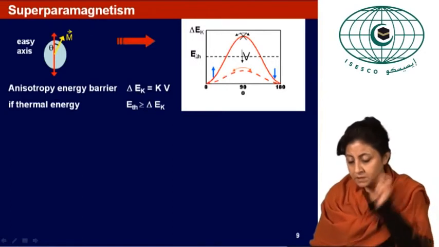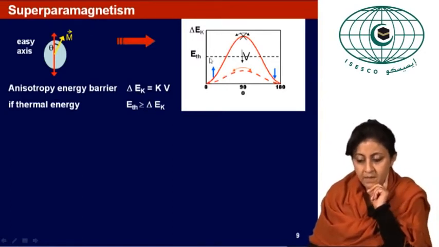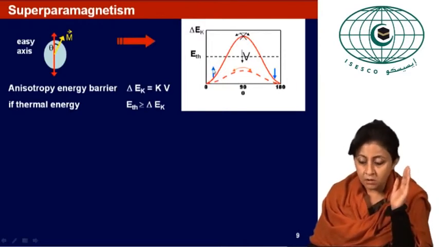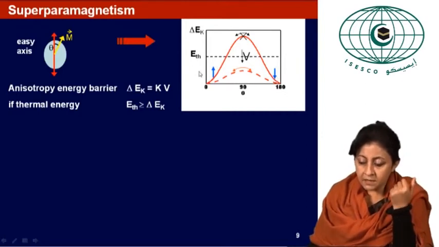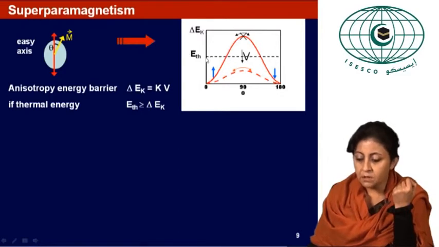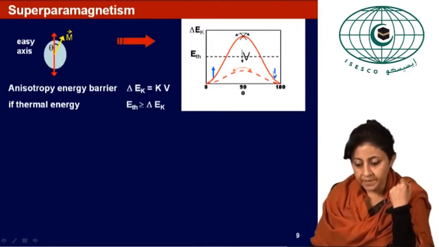So if the available thermal energy is smaller than the anisotropy energy barrier, then the magnetization is pinned either along the easy axis or in the opposite direction. The thermal energy, which is indicated by this dashed line here, is simply not enough to allow the magnetization to overcome this energy barrier and flip its direction.